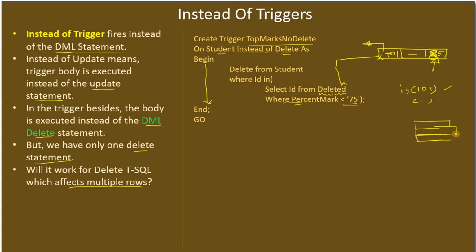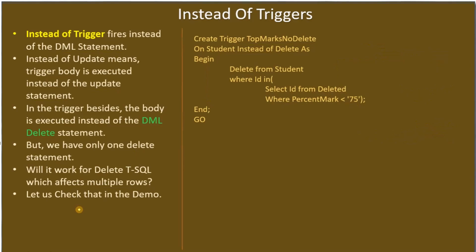If you delete multiple rows, then there will be multiple entries, and if there is only one which is more than 80, that will be skipped, and the remaining IDs will be present in the in clause. So that will work. Alright, now let us check the instead of trigger in the demo.